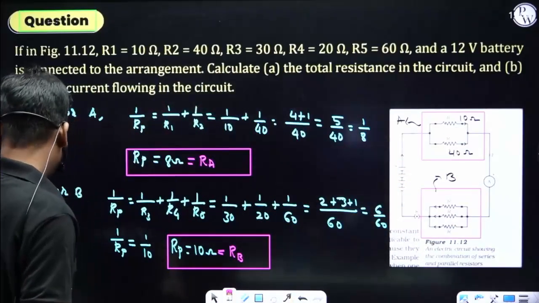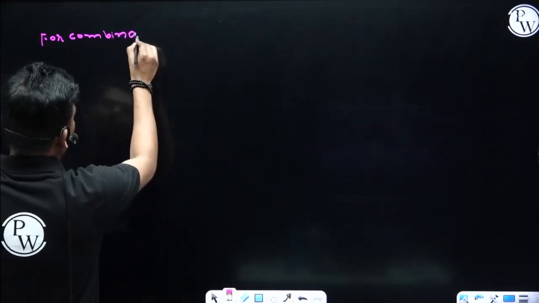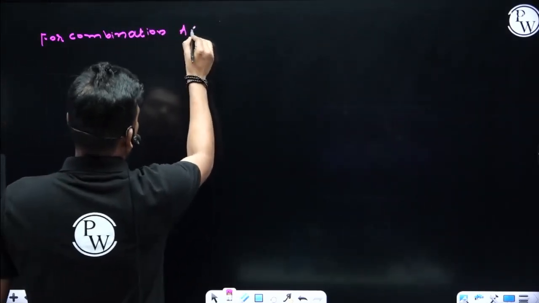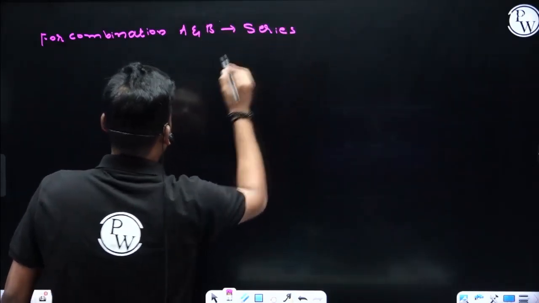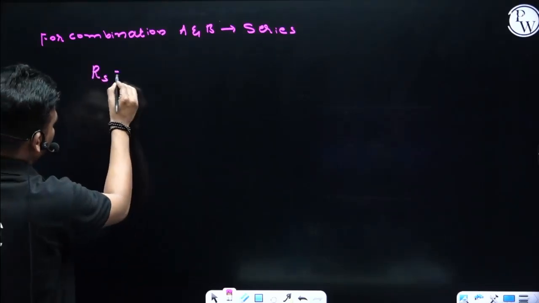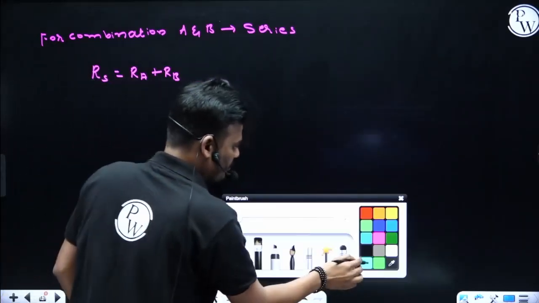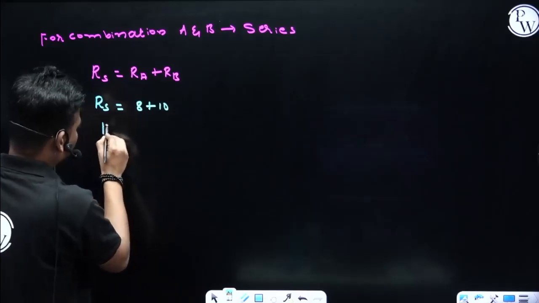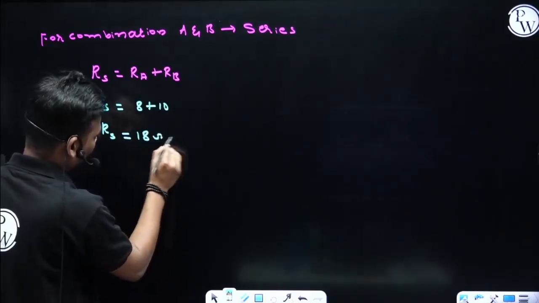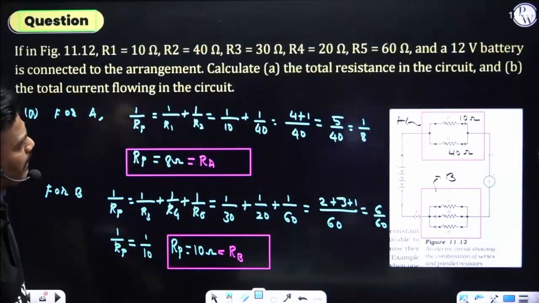So now for the combination of A and B, that is a series. For a series combination, RA plus RB. So what are the values? That is 8 ohm plus 10 ohm. So RS equals 18 ohm. Okay, 18 ohms. Fine. So the total resistance of the circuit is done.